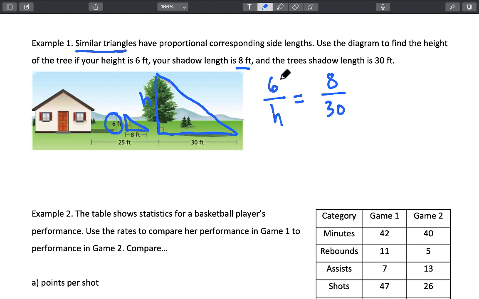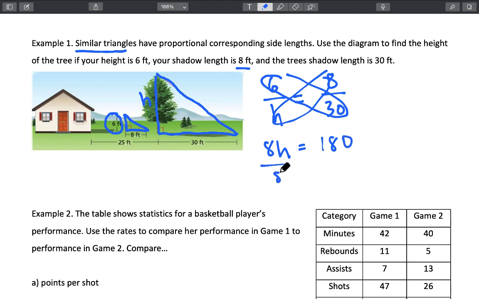All right, so we can solve this by cross multiplying. 8 times h is 8h, 6 times 30 is 180, and now we're going to divide both sides by 8, and that gives us the height of the tree to be 22.5 feet.